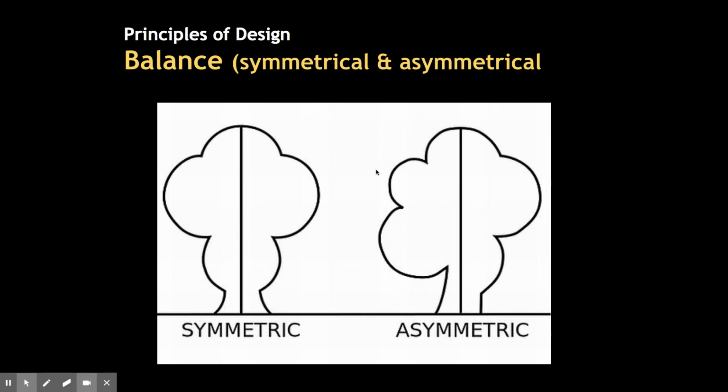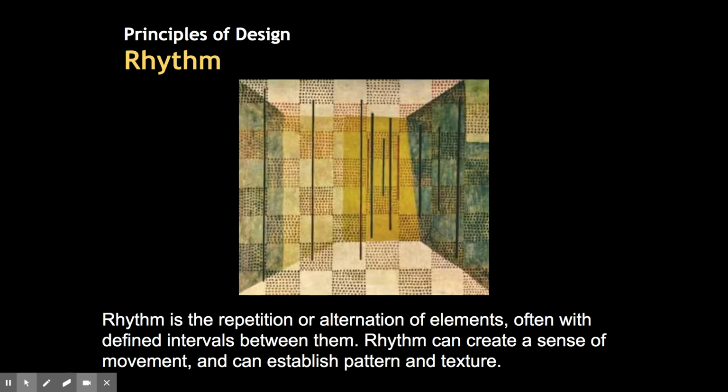So, again, you should write down that there are three different types here. We have symmetric, which is reflected, and asymmetrical, which is balanced, so that one side is not perfectly reflected, but still has that visual weight distributed on each side. Oops. Let's go back there, sorry.